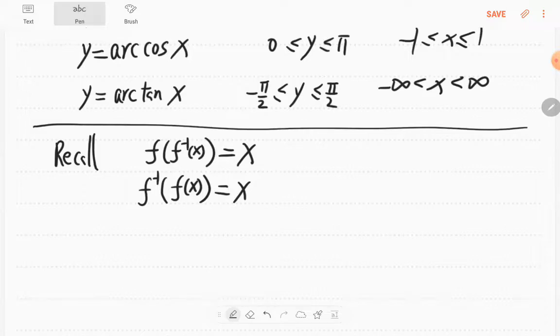And this x and this x are different. This x is in the domain of f inverse, and this x is in the domain of f. So they are different x.